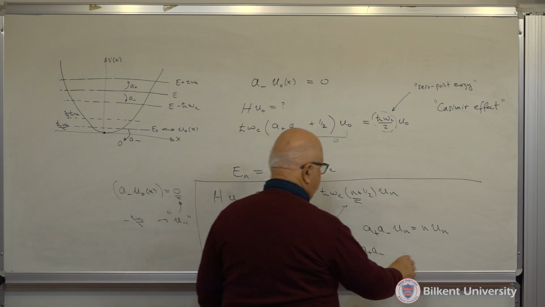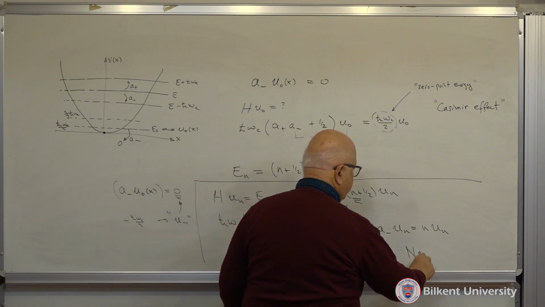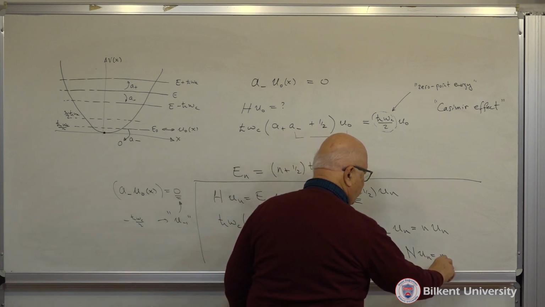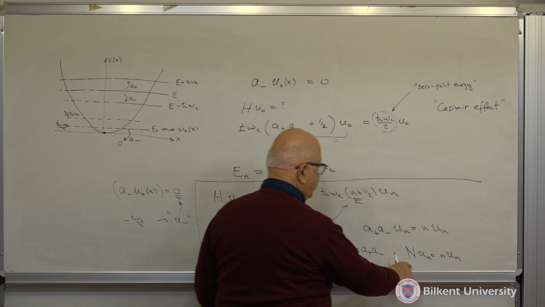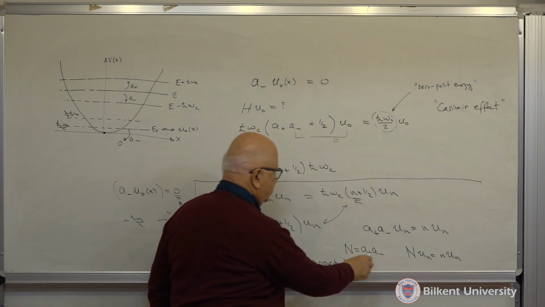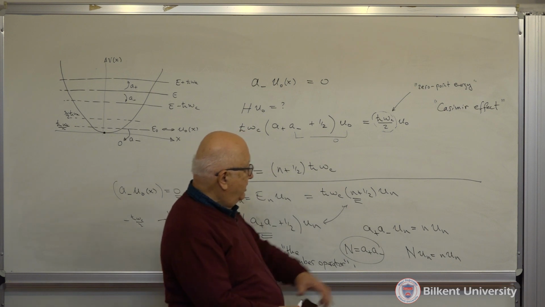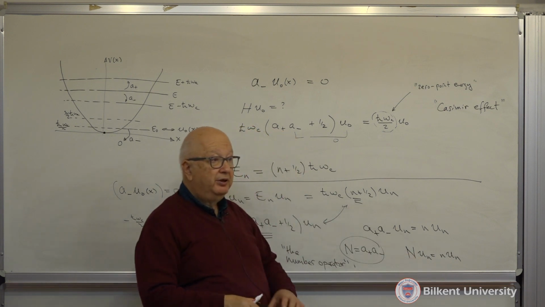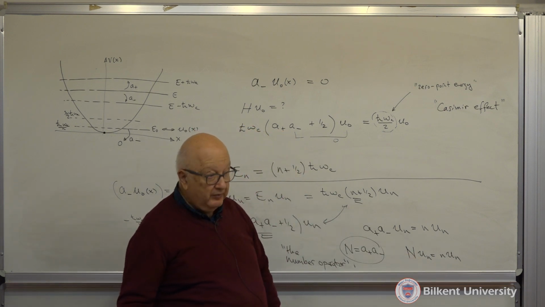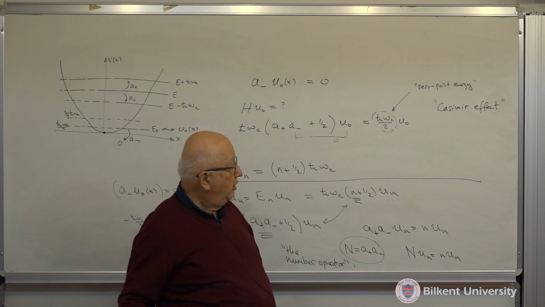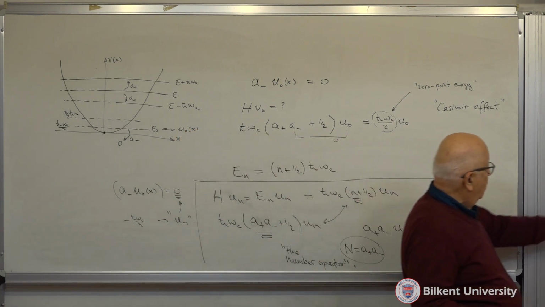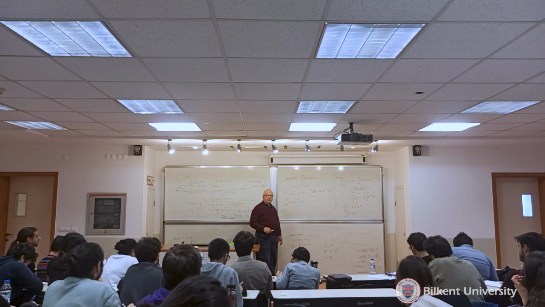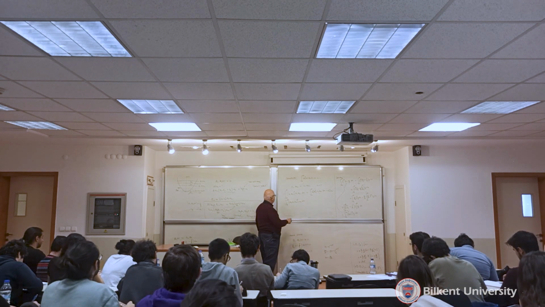It just means that if you have n times un, it's small n times un. So this n is just a plus a minus and just picks up the n, the number n for you. All right, so over here, I go back to my algebra.